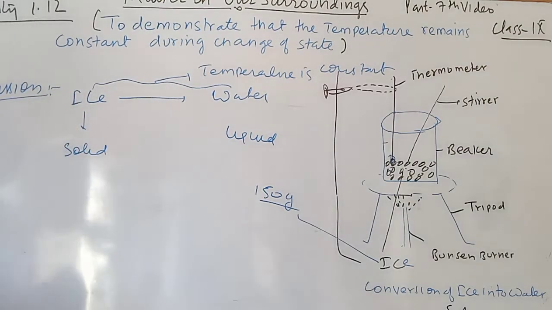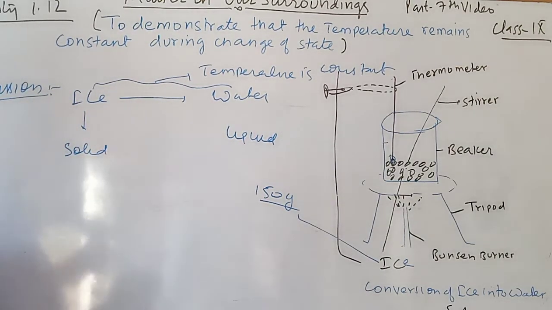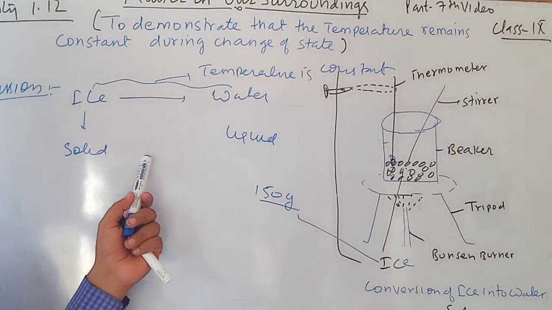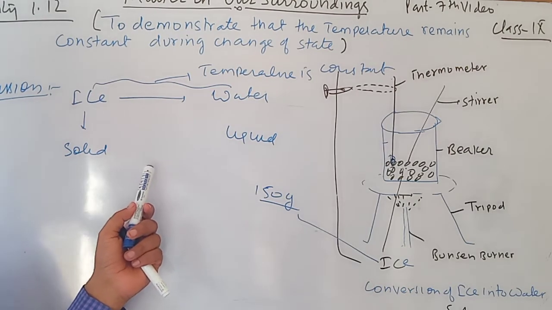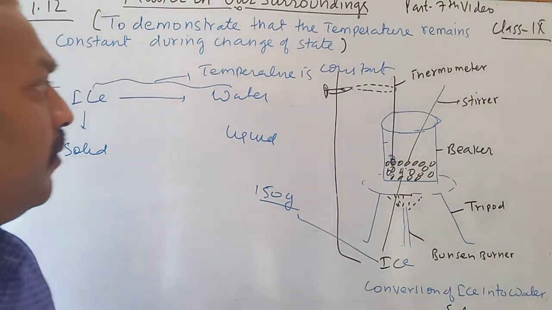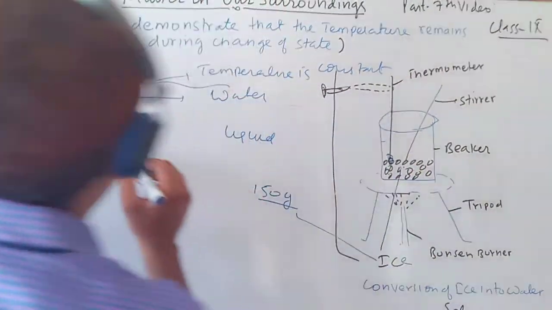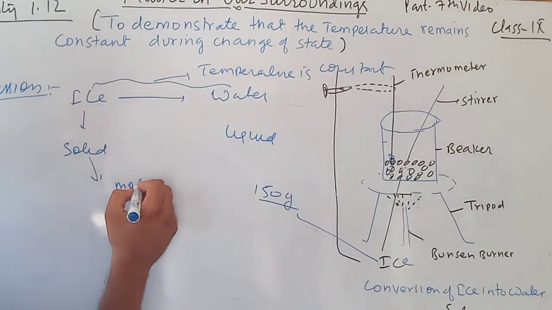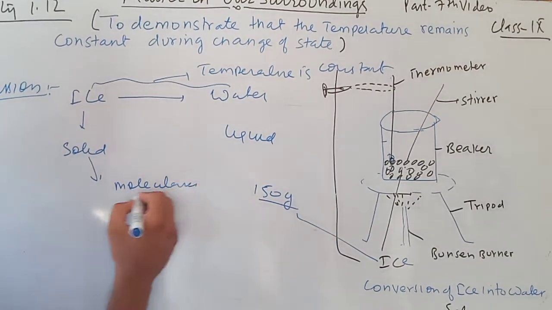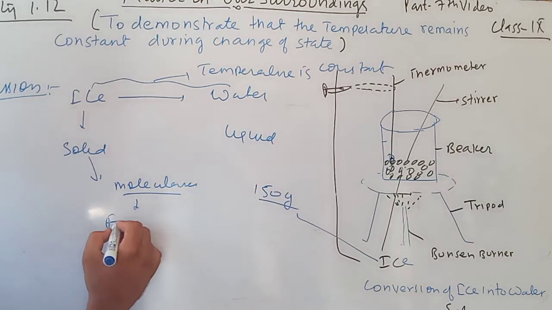The heat energy supplied here is used up in overcoming the force of attraction between the molecules, suppose of this solid ice. This ice has molecules, and these molecules have a force of attraction.